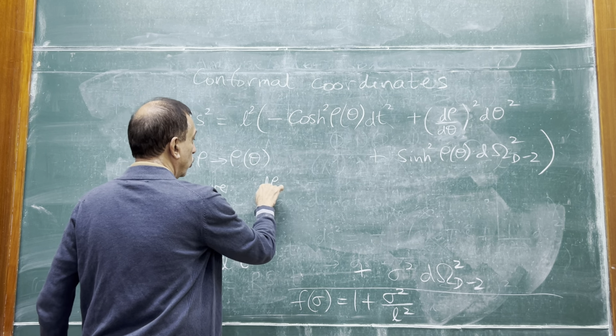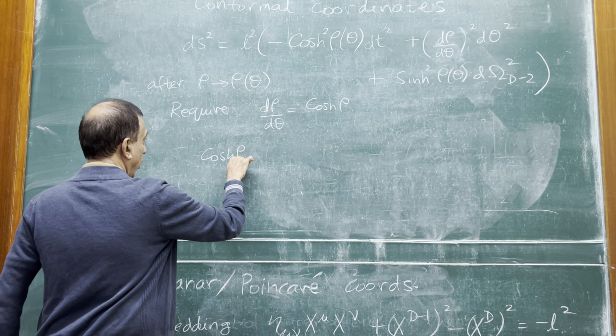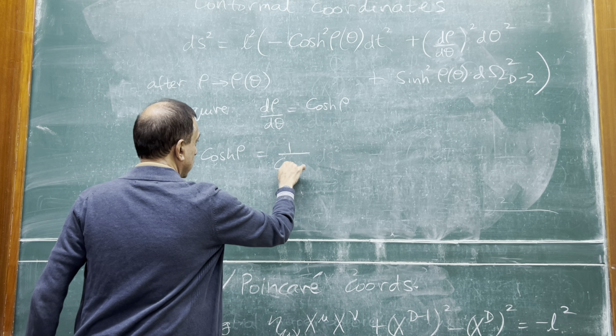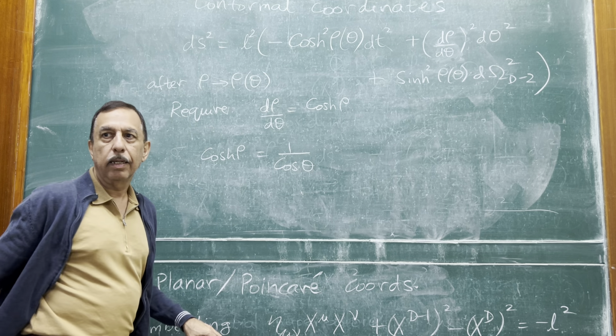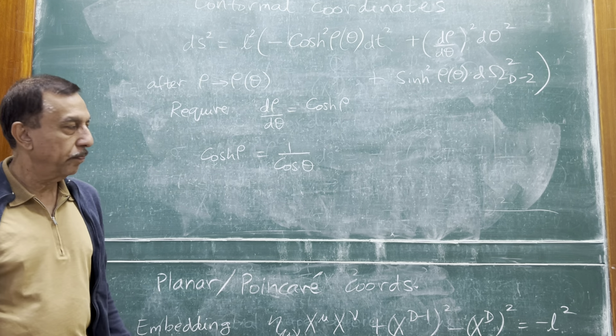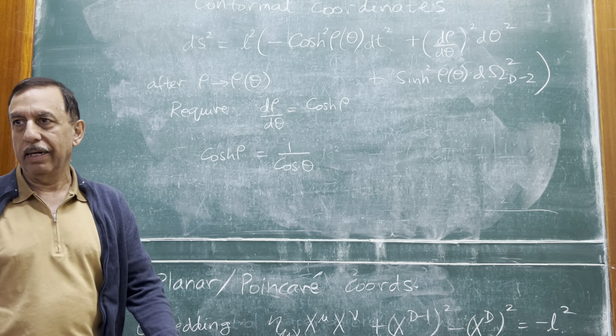And we integrate this equation to find that cos rho is equal to 1 over cos theta. Exactly the same as yesterday. This was t and this was t tilde, and it was t tilde which was giving me a finite range.